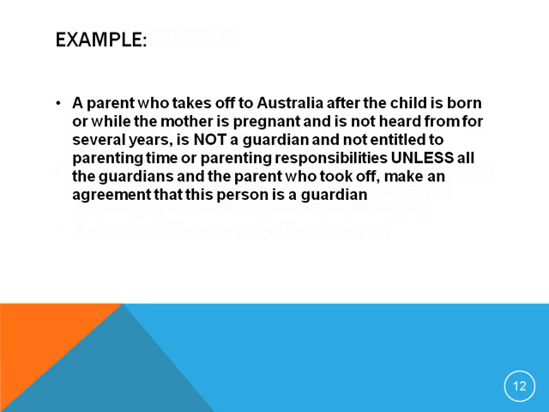So here I have an example where a parent takes off to Australia after the child is born or while the mother is pregnant and is not heard from for several years. That parent is not a guardian and not entitled to parenting time or parenting responsibilities unless all the guardians and the parent who took off make an agreement that that person is a guardian.